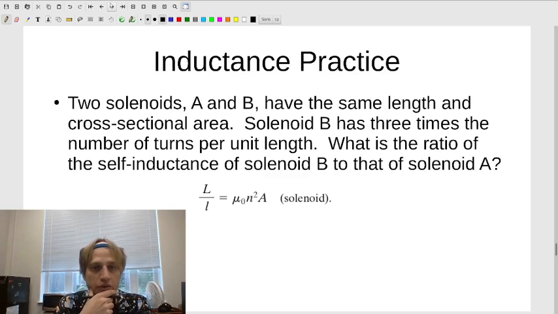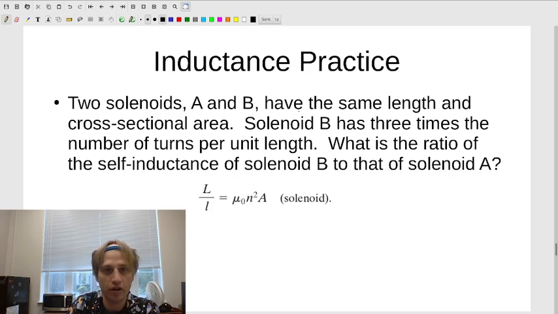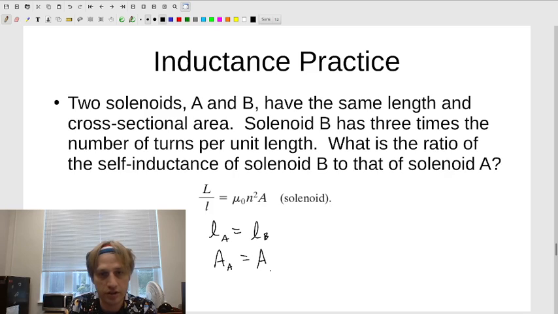Okay, so just to make sure that we understand this expression, let's say we have two solenoids A and B that have the same length and cross-sectional surface area. So the length of A is equal to the length of B. The cross-sectional surface area of A is equal to the cross-sectional surface area of B. The solenoid B has 3 times the number of turns per unit length.